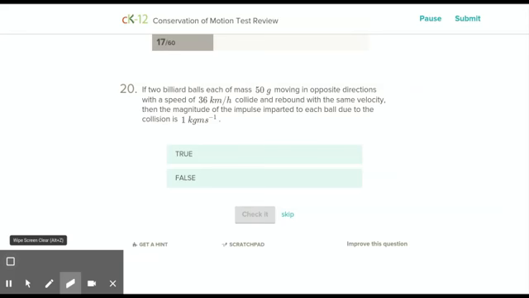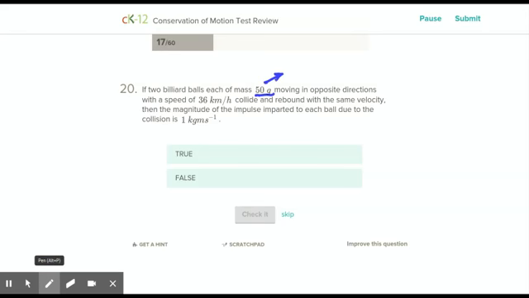Okay. Number 20. If 2 billiard balls, each has a mass of 50 grams, so you have to convert to kilograms by dividing by 1,000, 0.05 kilogram, moving in opposite directions with a speed of 36 kilometers per hour, collide and rebound with the same velocity.